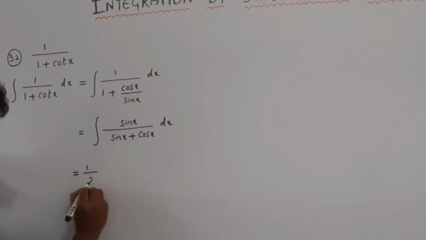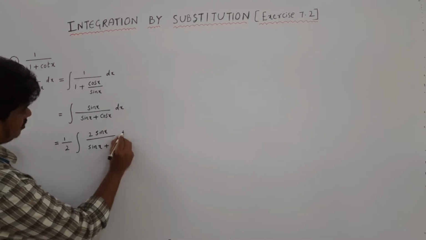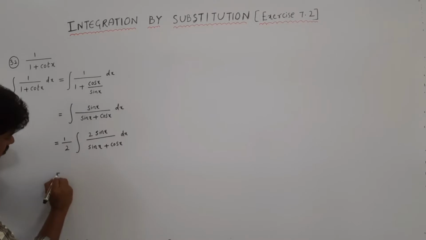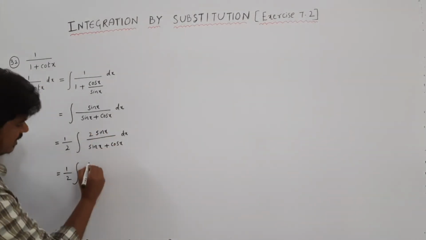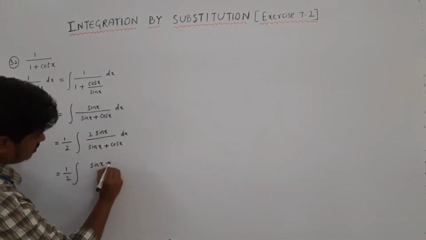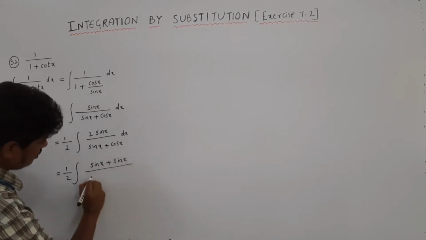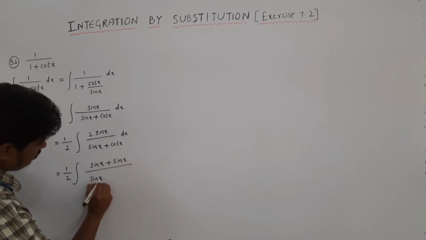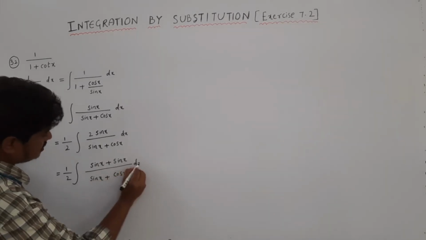Dividing by 2 outside and multiplying by 2 inside. Now take this sin x as 2 sin x, as sin x plus sin x, divided by sin x plus cos x dx.